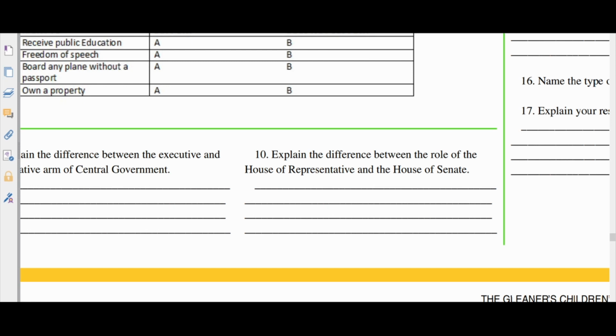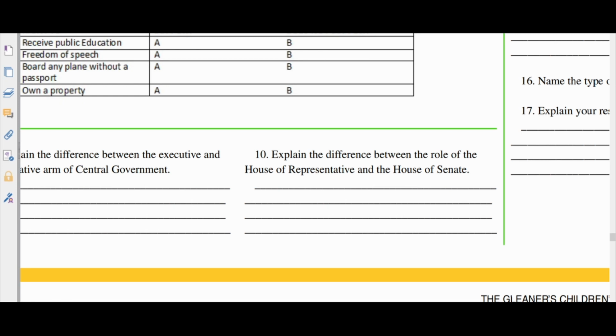Okay, so that is one way in which the House of Representatives and the House of Senate are different. Another way in which they are different, not only in the role that they have or the number that they have, but also in the function. Functionally, one is a rubber stamp.